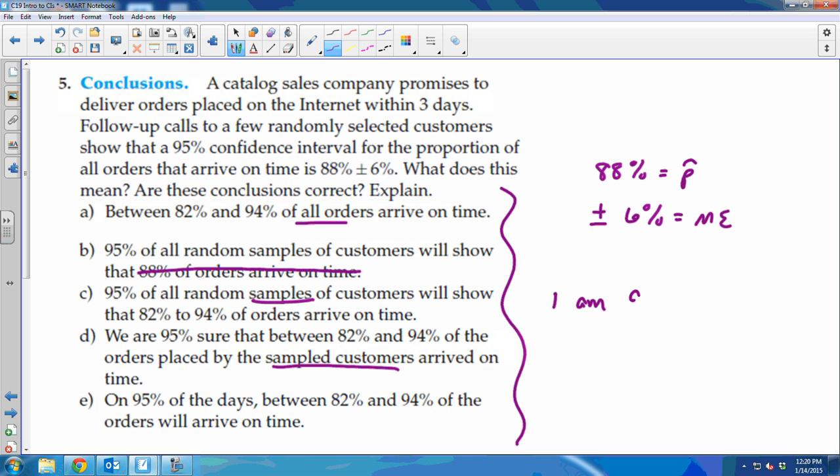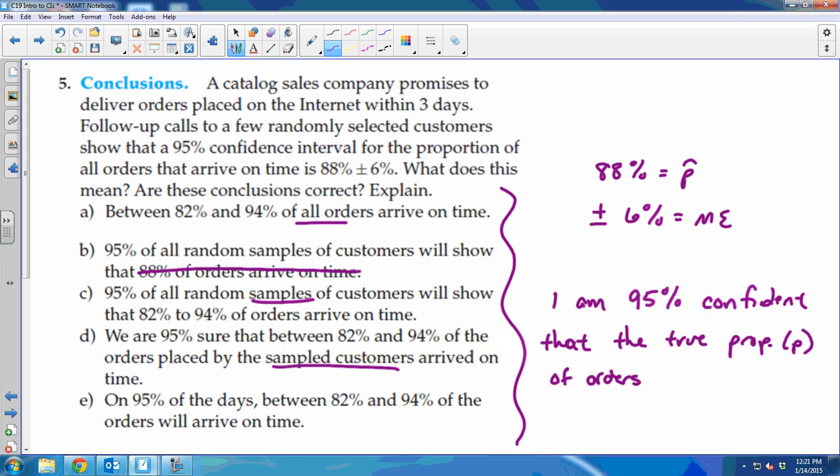I am 95% confident that the true proportion, P, of orders that arrive on time is between 82% and 94%. That's the statement you should make, right? All right.